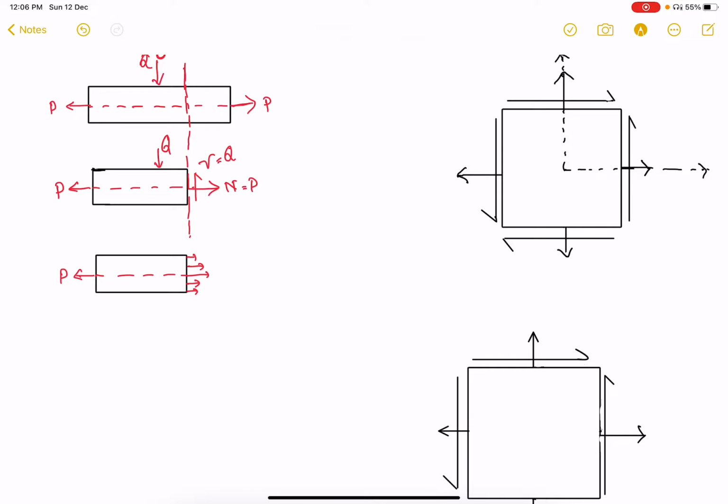Also, the stress distribution will not be uniform. We have assumed the stress distribution to be uniform. In fact, the stress distribution will be maximum along the axis, but minimum along the edges.